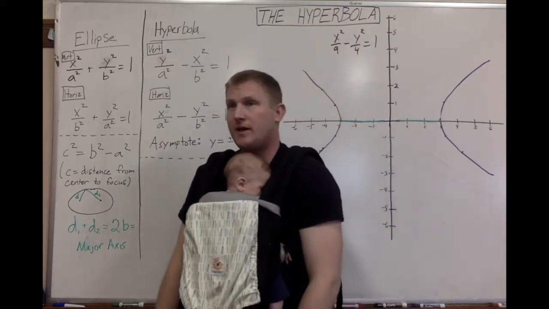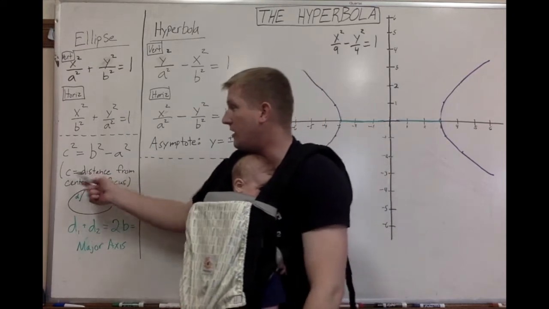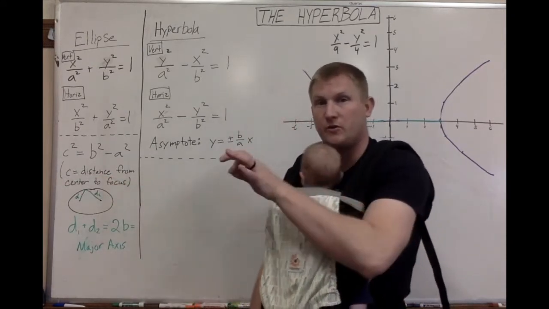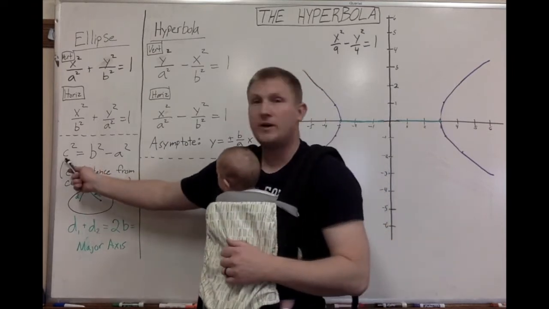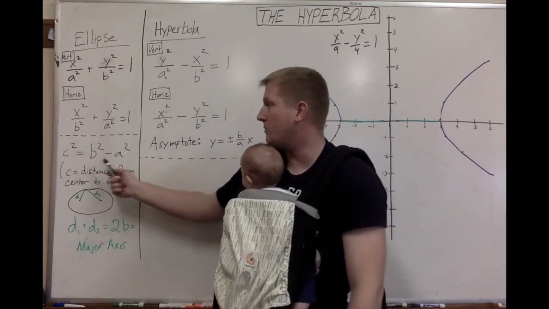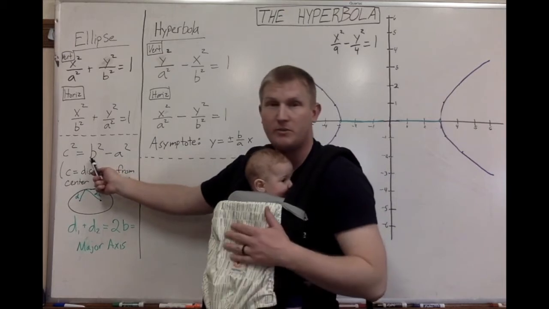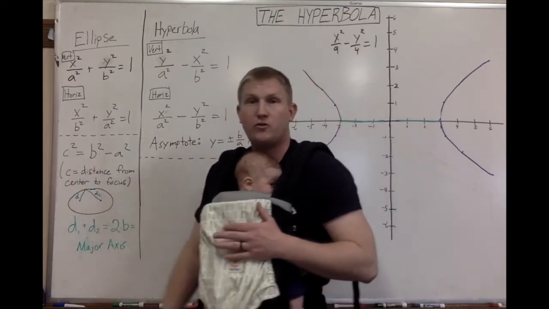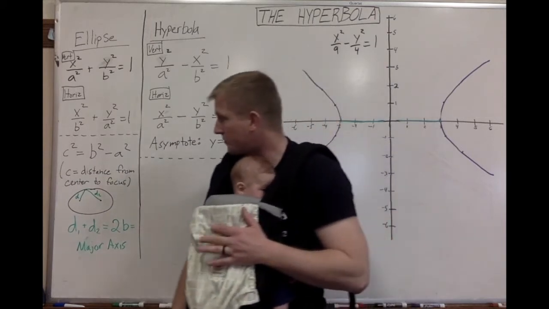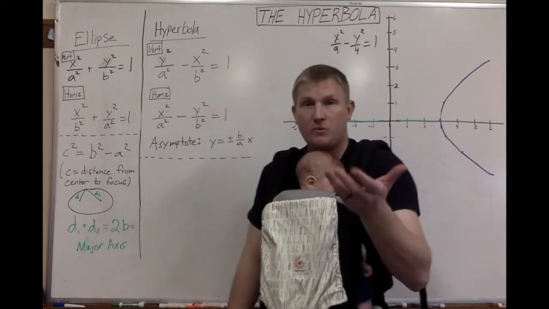And we discovered that the focal distance, which I'm calling c, the distance from the center to the focus point, is c. c squared is equal to b squared minus a squared. So whatever that bigger number is minus the smaller number is going to get us the focal distance squared. So that's how we were able to find it.